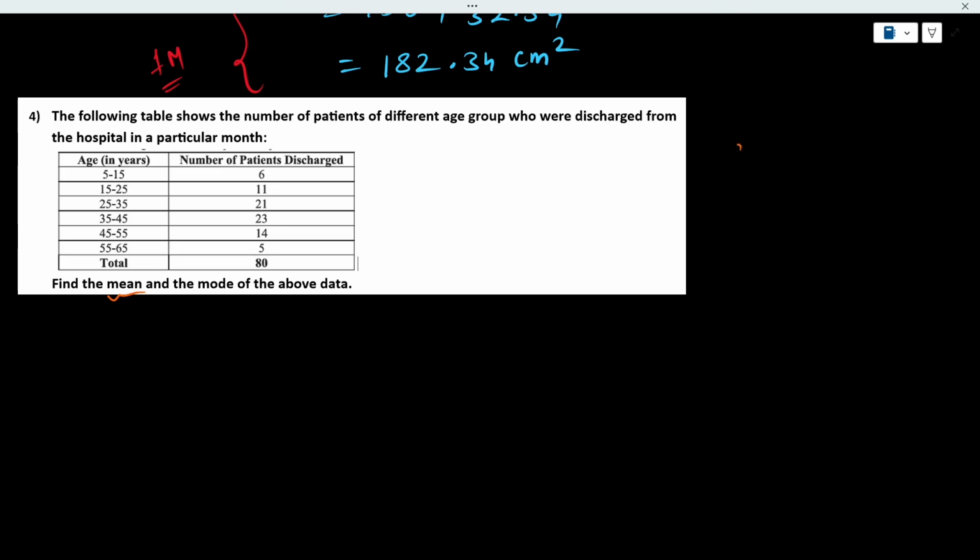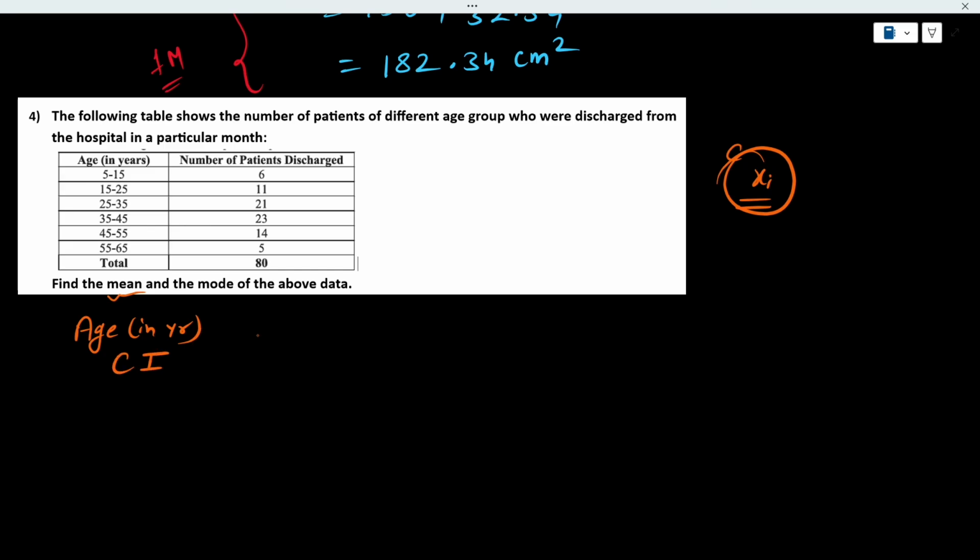You need to first get xi, right? Based on your xi, you will decide which method you are going to follow. So how are we going to take it here? First, let us write down age, which is in years, which is your CI.